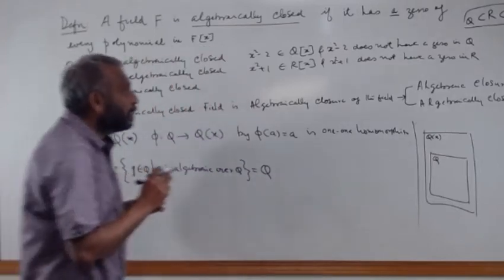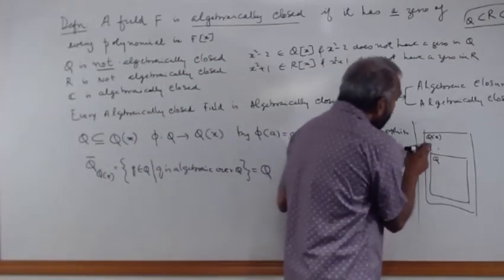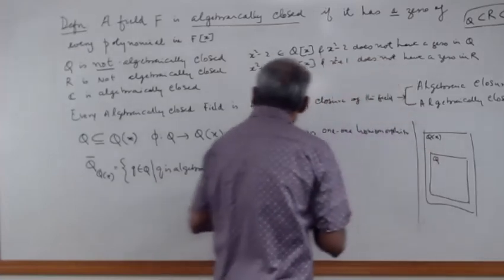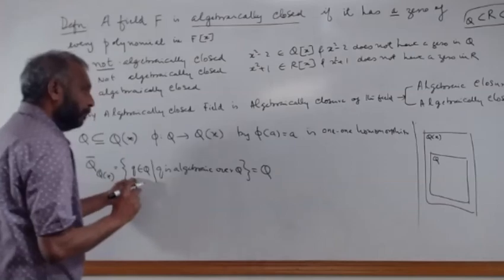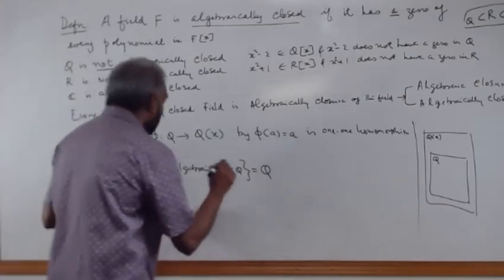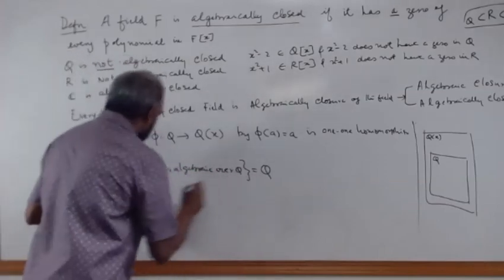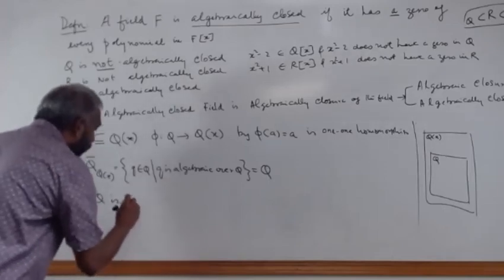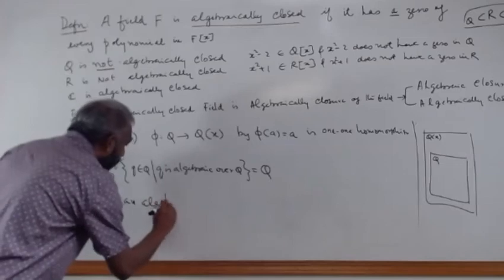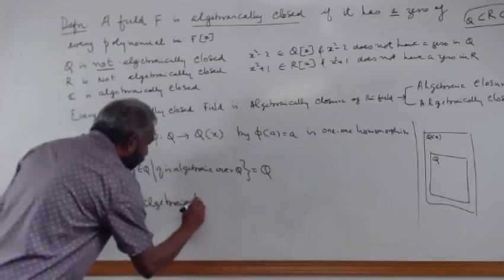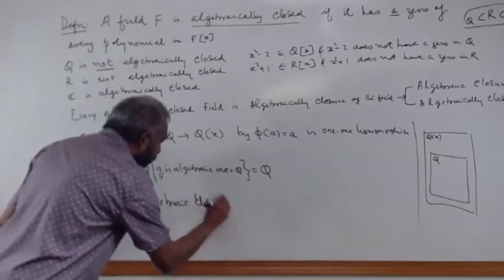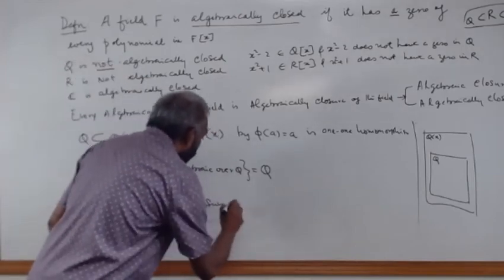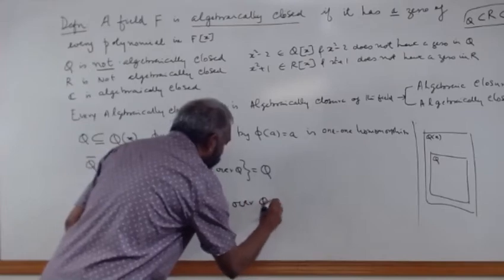So the only elements in this extension that are algebraic over Q are elements from Q only. So here this is equal to Q. So that means Q is an algebraic closure over Q of x.